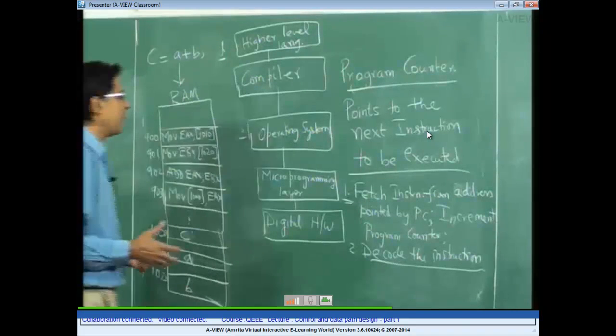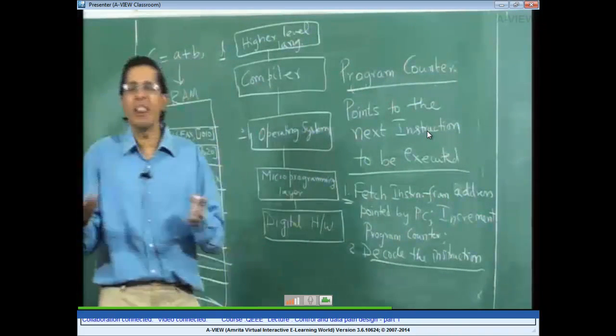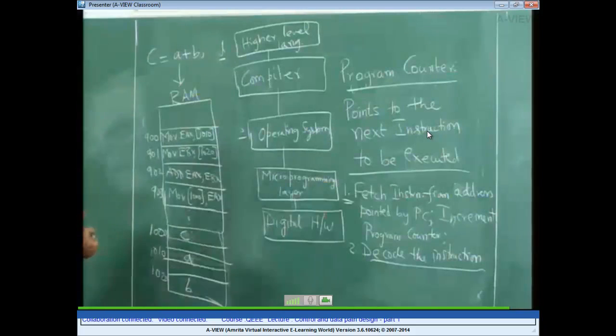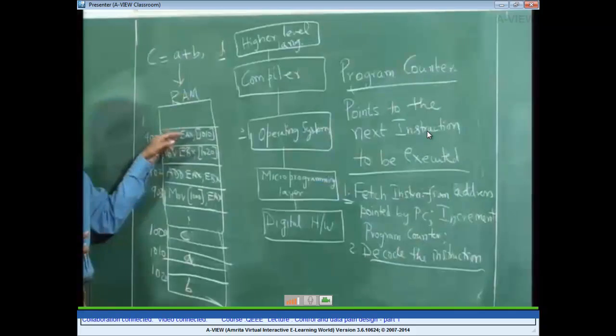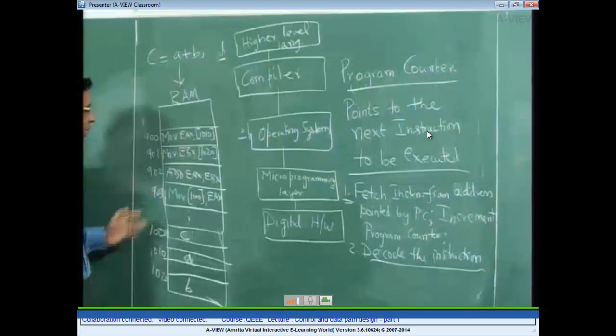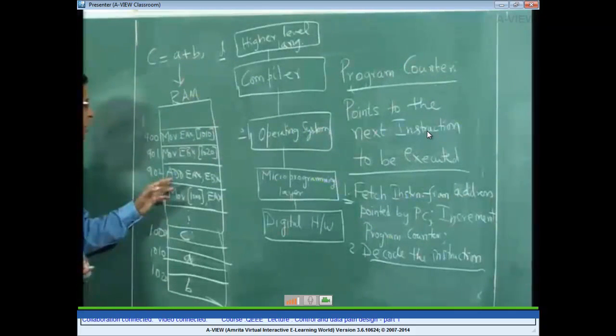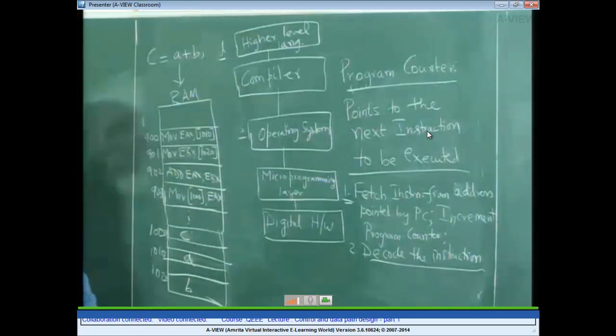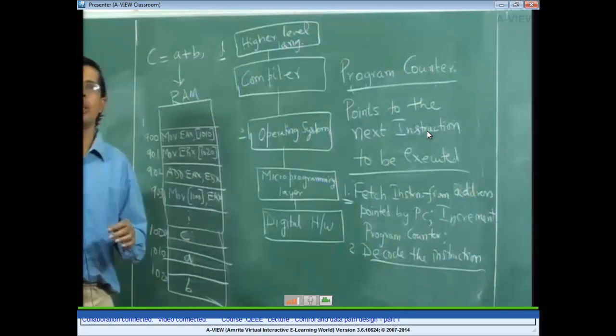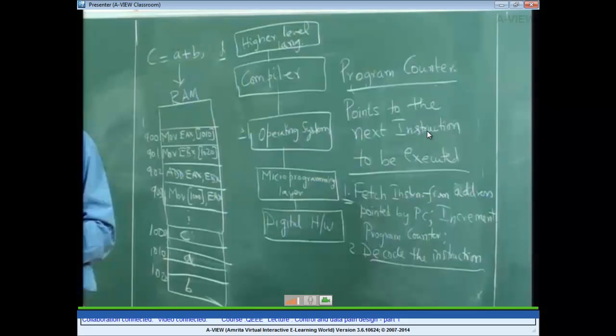What does decoding mean? At the end of this stage, the hardware will know that it has to move data from 1010 to EAX. At some point, when it is executing, the hardware will know it has to add the data in EAX and EBX. So after decoding the instruction, the hardware will know what exactly it has to do.